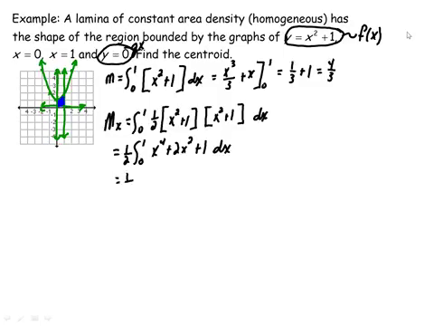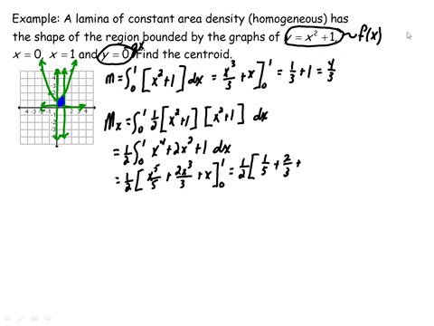All right, so if we actually integrate this, we're going to have x to the 5th over 5 plus 2x to the 3rd over 3 plus x integrated from 0 to 1. So we'll have 1/2 times, put the 1 in, we'll have 1/5 plus 2/3 plus 1 minus all that's going to go to 0, so it's irrelevant.